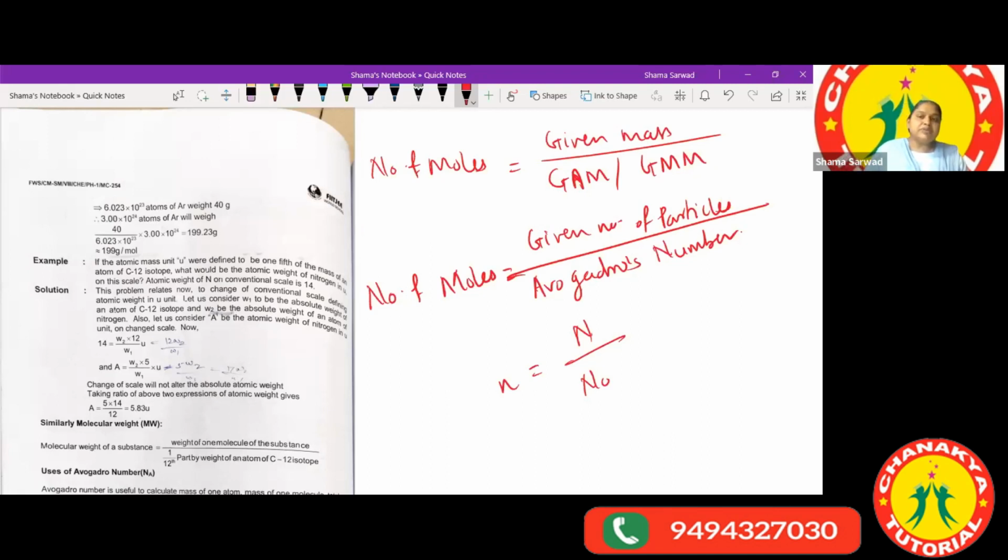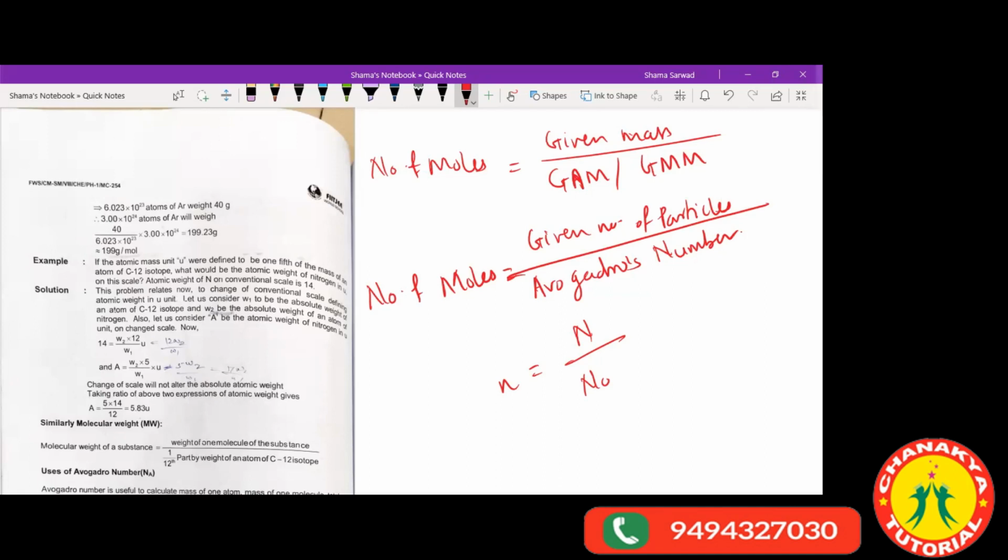Sometimes they will give just the particles and ask for the number of moles, so Avogadro's number, 6.023 into 10 raised to 23, should always be in your brain. It's very simple, very basic, because only if you know this can we move further, hence I have repeated it 2 to 3 times. Please write this down.